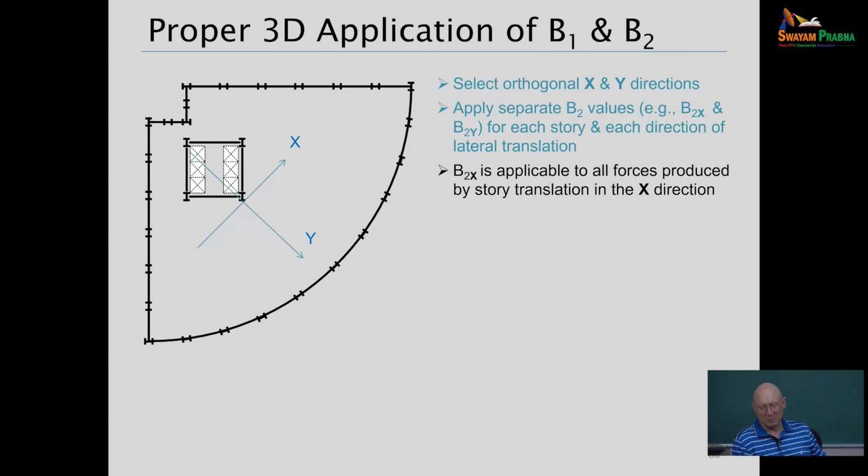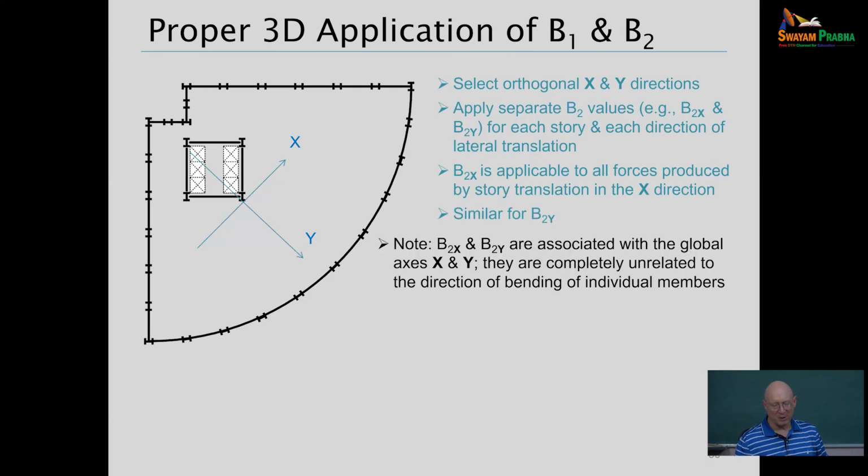B2 capital X applies to all forces produced by story translation in the X direction. B2 capital Y would apply to all the forces produced by story translation in the Y. And so notice in a structure like this, B2 capital X and B2 capital Y are associated with the global axes that we've just selected, X and Y. That's completely unrelated to the axis of bending of the individual members.